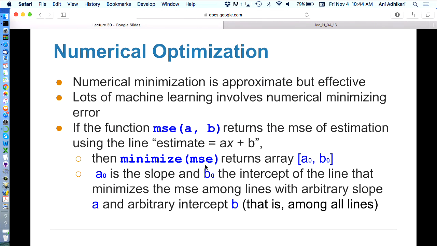But we have to understand exactly what's being minimized. This function, mean squared error, takes two numerical arguments, a slope and an intercept, and it returns a numerical result, the mean squared error. What minimize does is it finds you the slope and the intercept that gives you the smallest mean squared error.